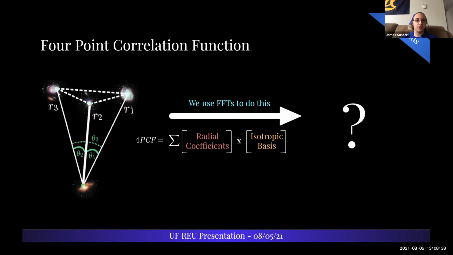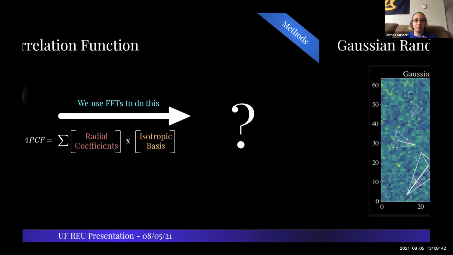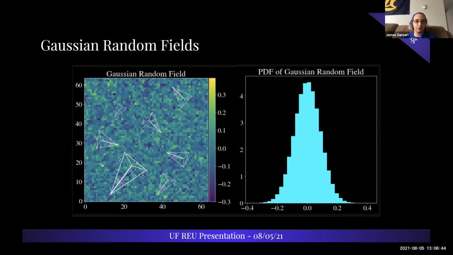So you might be wondering, what does it spit out? I'll get to that in just a second. I want to keep you on the edge of your seat, because first we have to discuss what I ran it on in the first place. This is a nice plot I made to encapsulate the idea. We ran the 4-point correlation function, looking at all these different tetrahedron-like shapes, over what's called a Gaussian random field.